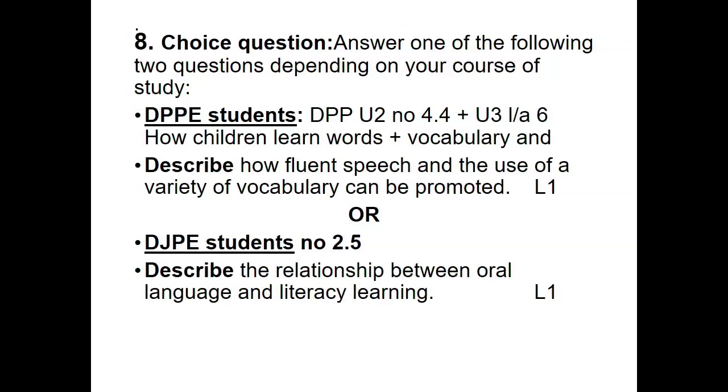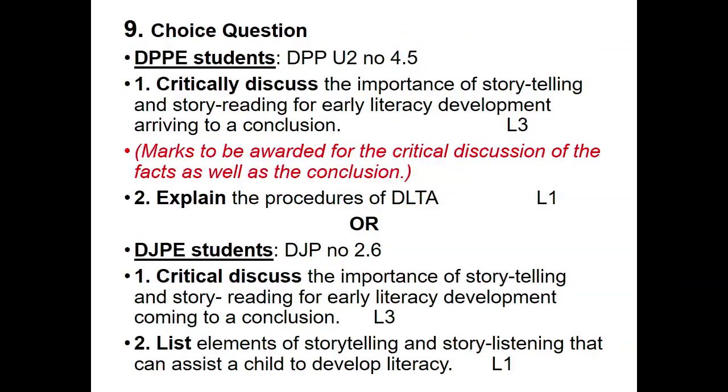Describe, only level 1. And then the DJP students, in your guide, number 2.5, describe the relationship between oral language and literacy learning. Only level 1, you can just write the facts from your study guide.